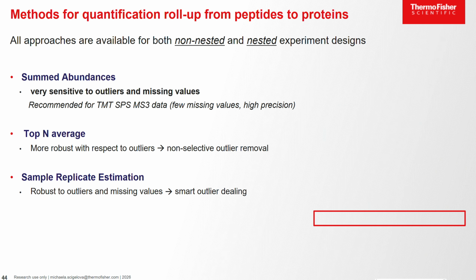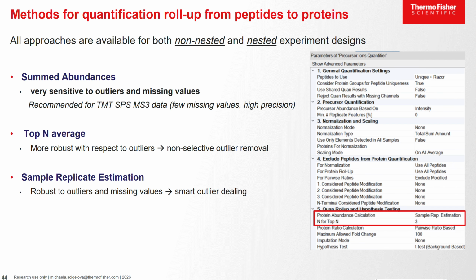Okay. And now we are coming to a topic which is one of the bigger ones, protein ratio calculation. Protein abundance calculation. We have now 3 ways of calculating protein abundance.